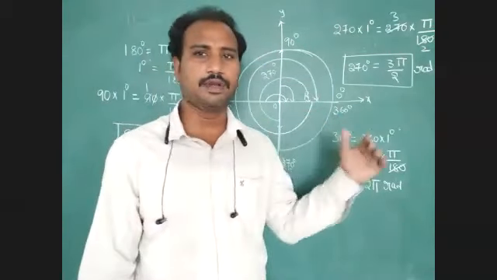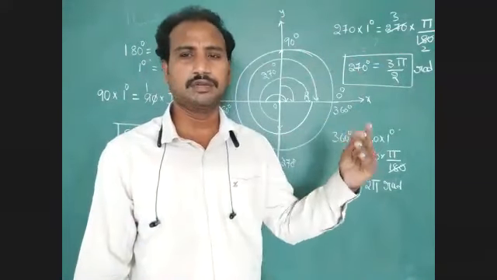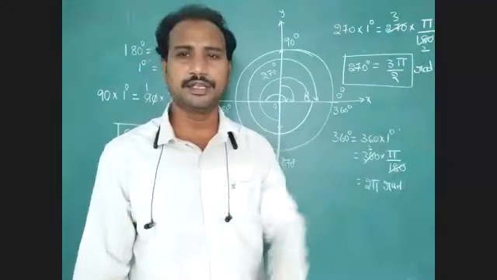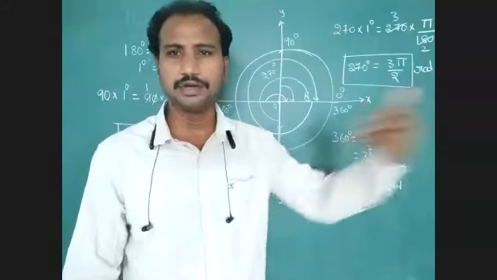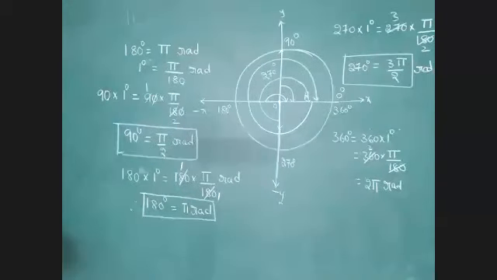Okay, it is 90, 180, 270, and we want to convert 30 degrees into radians. Note down these points first.